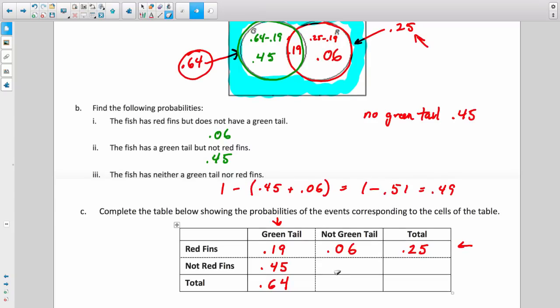The not green tail, not red fins, number 3, if you notice, I took 100% and I subtracted the 0.45 from here and the 0.06 from here. I ended up with 0.49. I forgot the 0.19, that was the overlap.